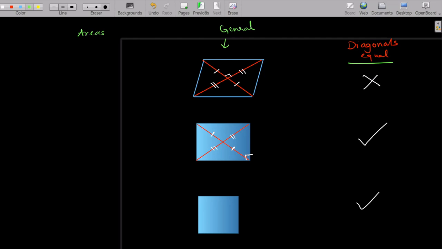Area of a rectangle, Tanveer? It's just base times height, right? Base times height. Yes, exactly. Base times height, that's it.